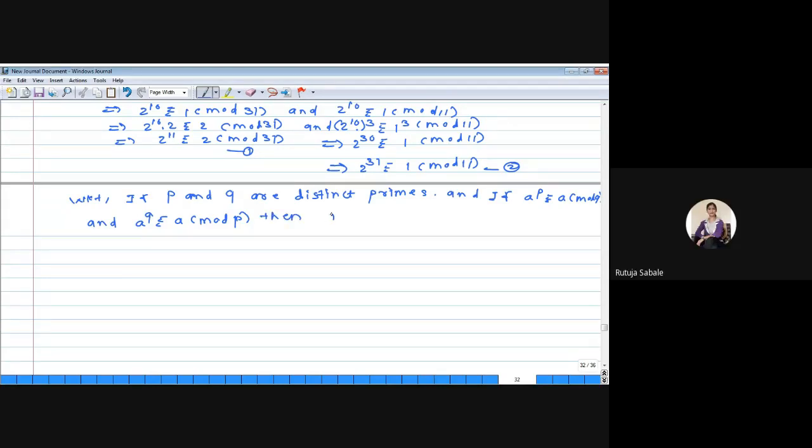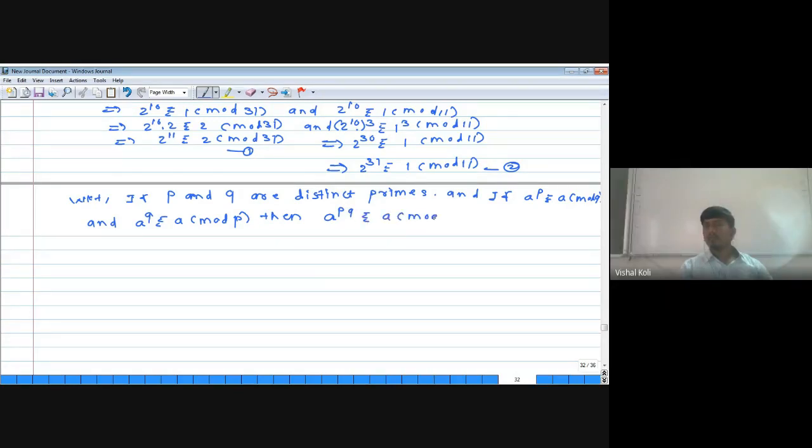A to the power PQ is congruent to A mod PQ.